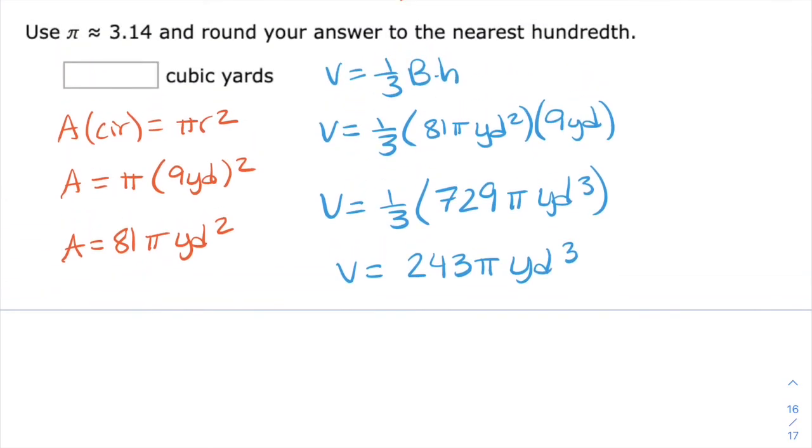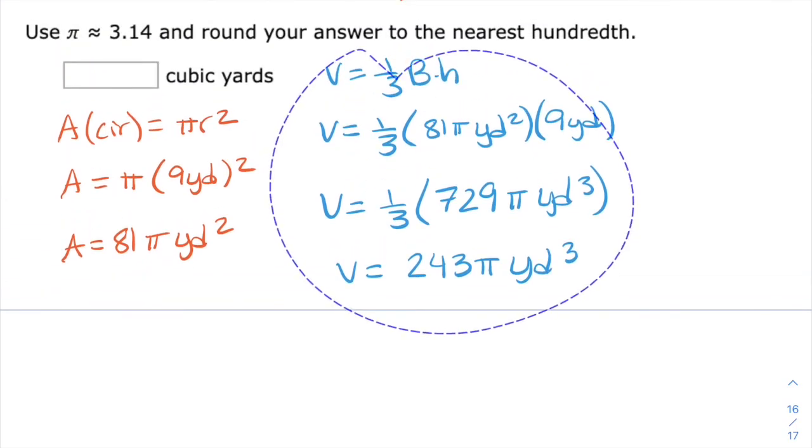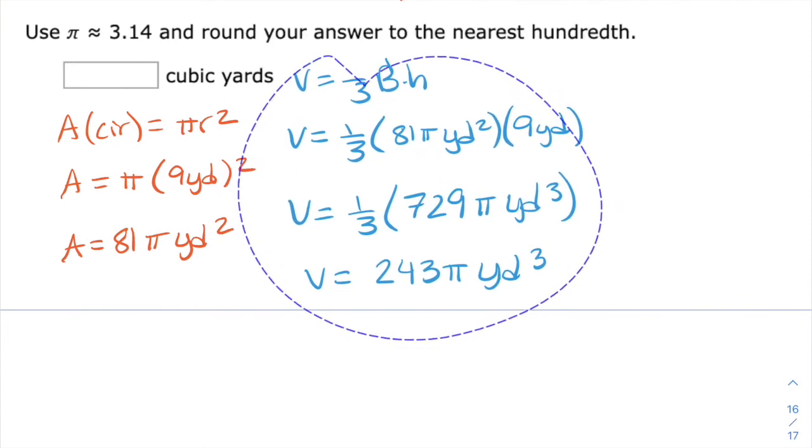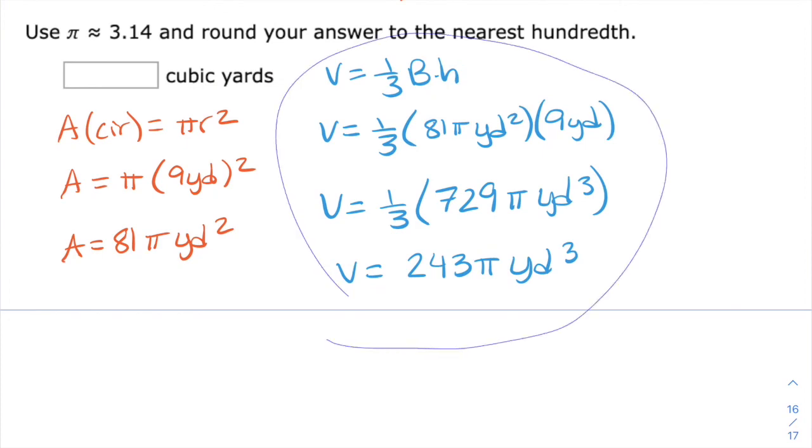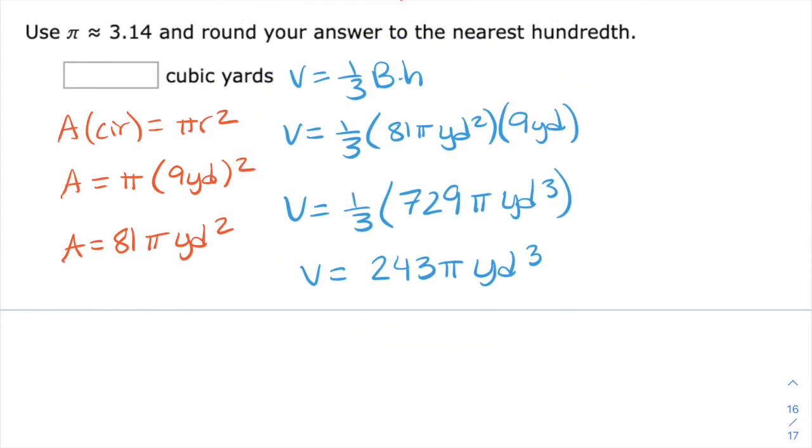Now, it does want an approximate value. It does want us to use 3.14.